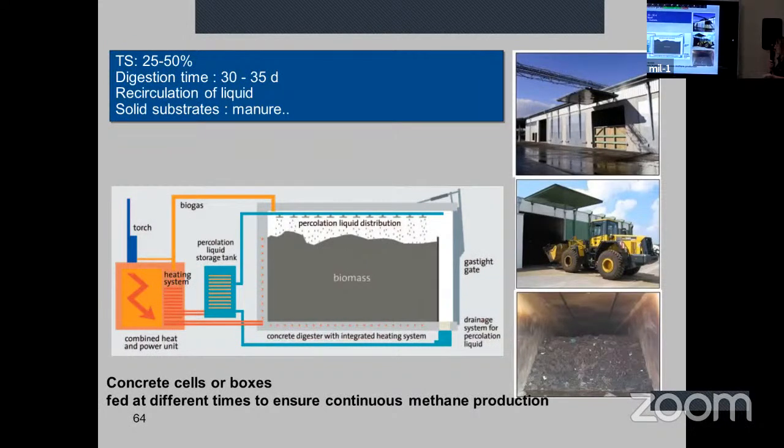So they are made of concrete cells, and they are fed. Usually they have 4 or 6 cells because it is a batch process, and they want some continuous production of biogas. So they should start one reactor every 10 days or 2 weeks.